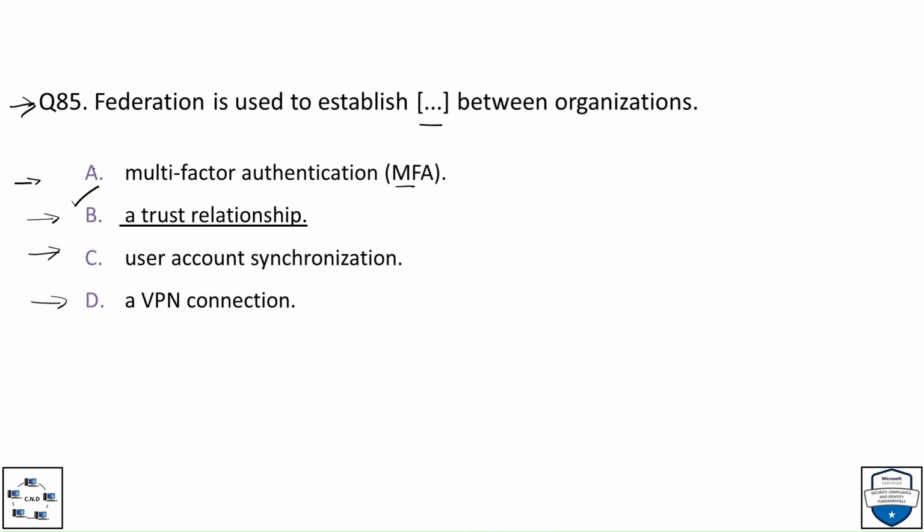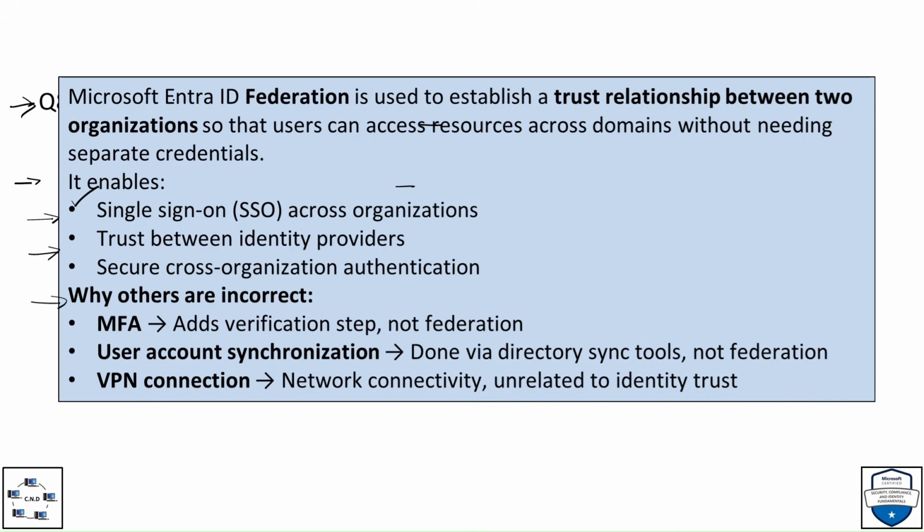So federation is used to establish a trust relationship between organizations. The explanation is, Microsoft Entra ID federation is used to establish a trust relationship between two organizations so that users can access resources across domains without needing separate credentials.